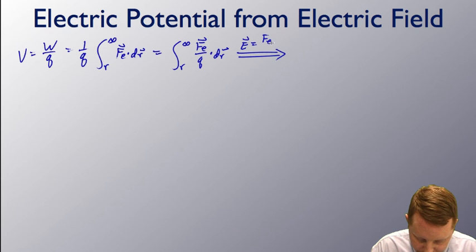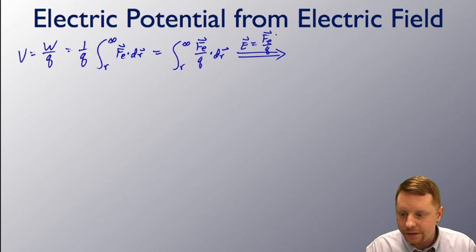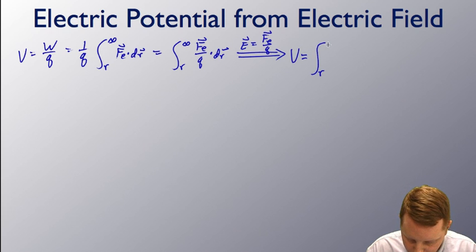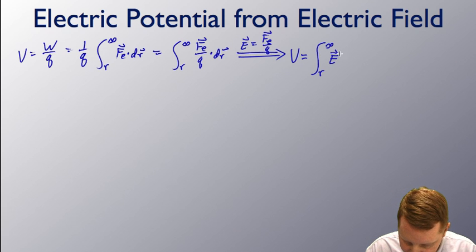E equals Fe over q. Therefore, we could say then that our voltage is going to be the integral from r to infinity of E dot dr.